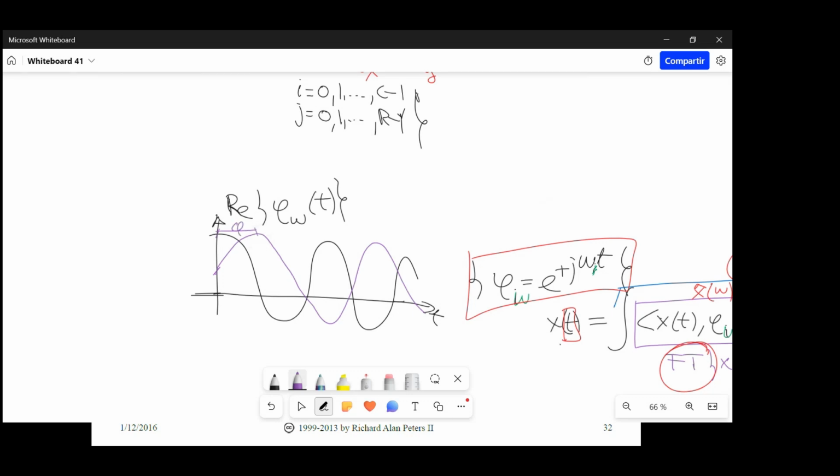This shift is determined by phi, the phase shift, that typically when you write the cosine, you write cosine of omega t plus phi. This plus phi is the one that makes the wave move back and forth.